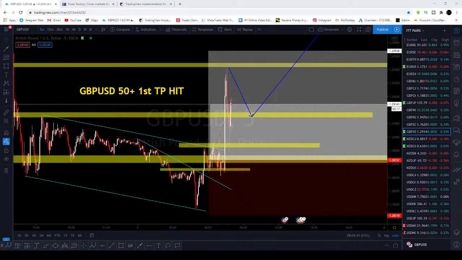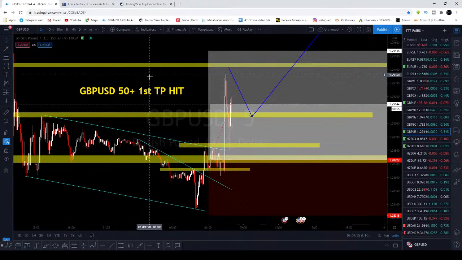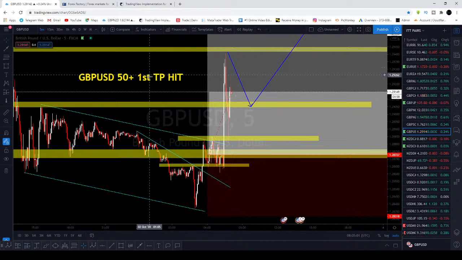Come on, GU, we need you to move, man. Second take profit, that's what I want. All these moves are not valid, except you hit my second take profit, then I'll count you as valid. Come on, let's go, man.